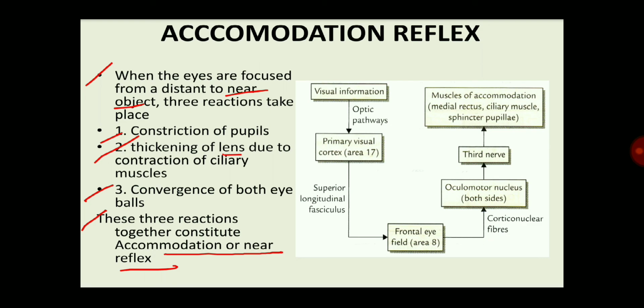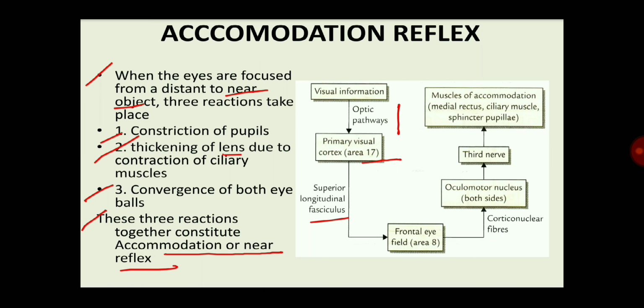Now look at the pathway for this accommodation or near reflex. Visual information is carried via the optic pathway to the occipital cortex, that is area 17. From the occipital cortex, this information is carried via the superior longitudinal fasciculus, a bundle of white matter connecting the occipital lobe to the frontal lobe.